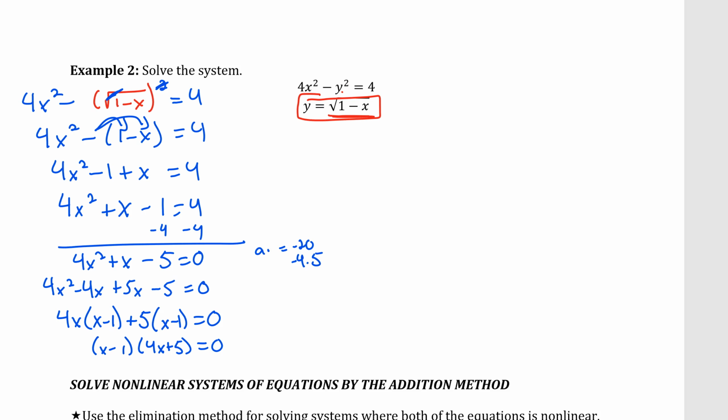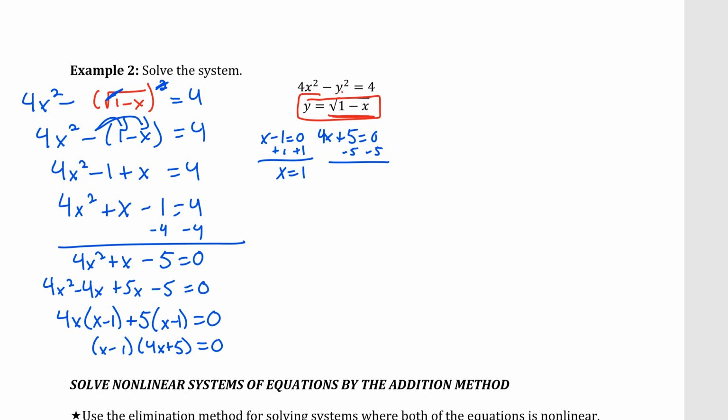And I'm going to erase this right here so that it gets out of our way. So we have x minus 1 equals 0 and a 4x plus 5 equals 0. So add the 1 to both sides. So I get x is equal to a positive 1.